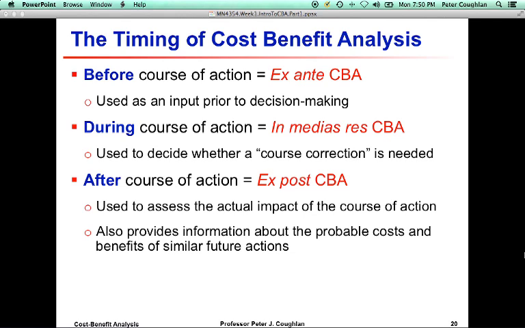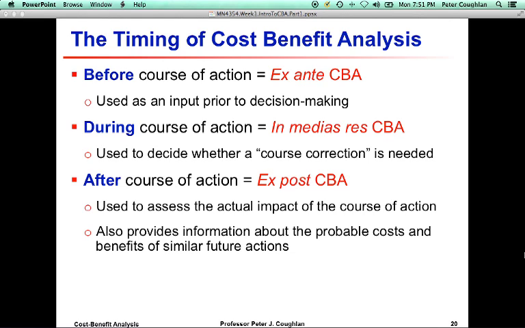Looking in hindsight, why is it a good idea to do this sometimes? Why do people do this? Well, first of all, there are a lot of things that you don't know before you make a choice, or things you have to make assumptions about. Afterwards, you know the actual impact. So instead of forecasting the impact, you can decide, was it actually a good course of action? Did the benefits outweigh the costs, right?